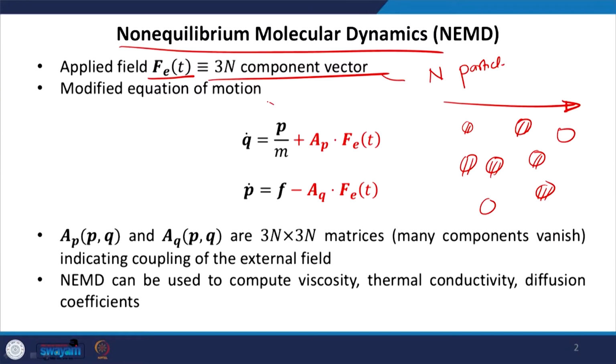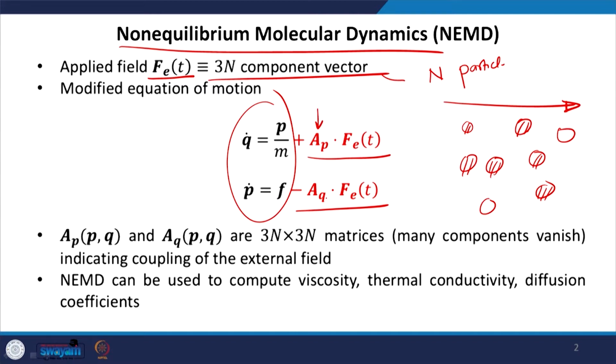Nonetheless, we can start with the equation of motion that we had, the classical equation of motion that we used for equilibrium molecular dynamics, and add extra terms in the q dot equation and p dot equation. The q dot is the derivative of the generalized coordinates, that is the momenta, and p dot is the momenta derivatives. So, that is the acceleration really.